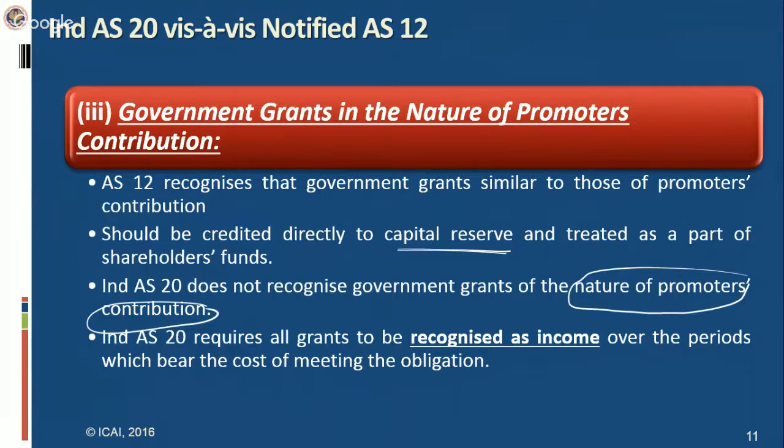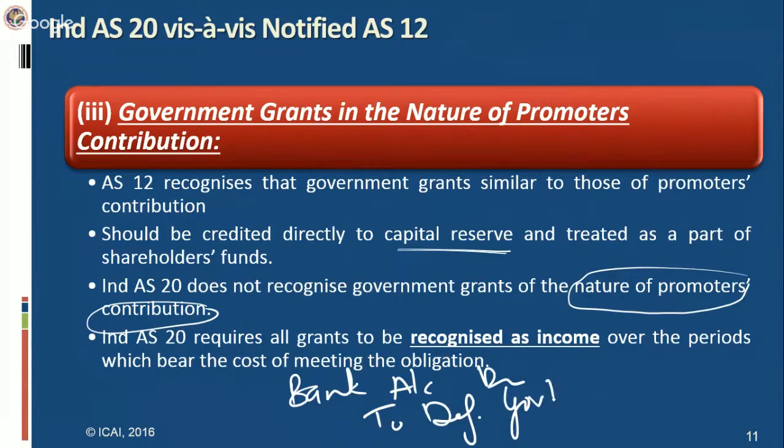So they have to be recognized as income over the period. So again, in case of such grants, which as per AS 12 are in the nature of promoters' contribution, when it comes to Ind AS 20, we have to recognize them in income over the period. So the entry will again be bank account DR to deferred government grant account.